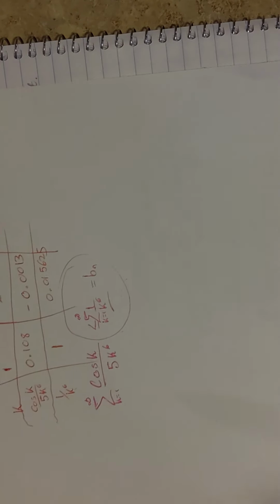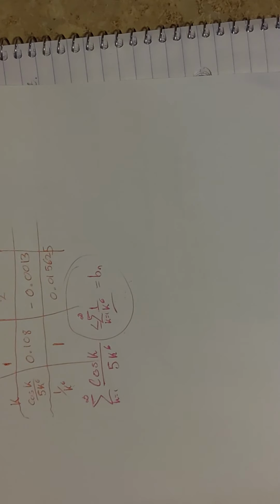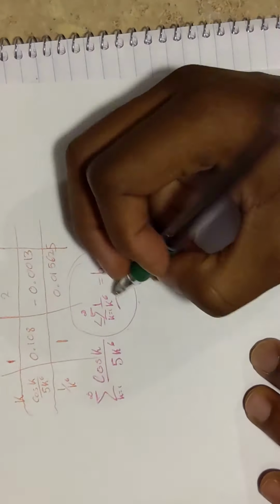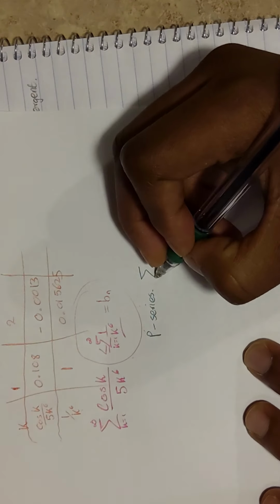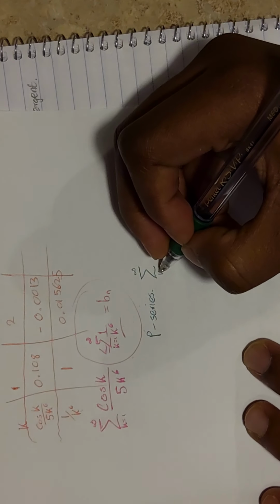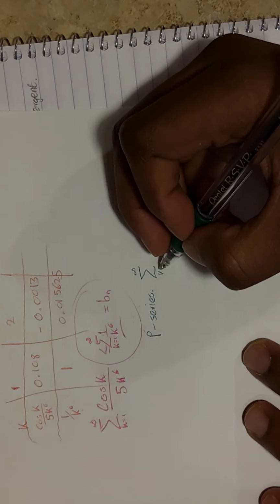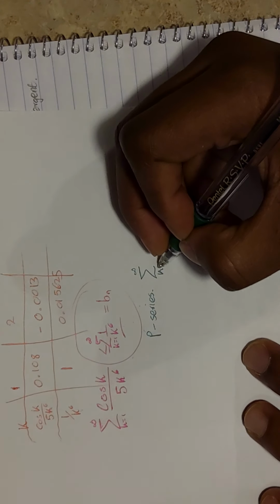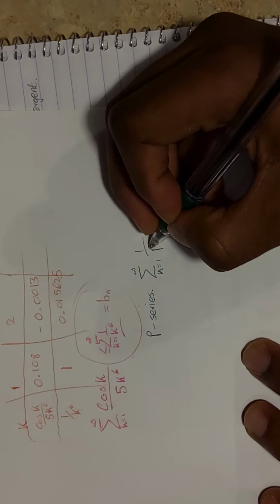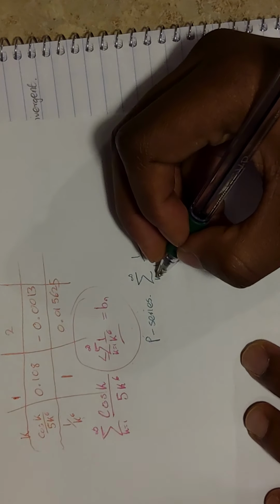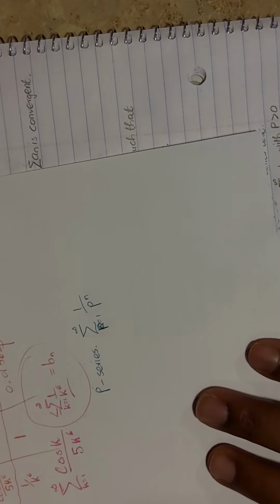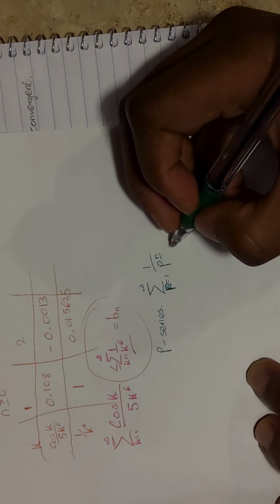So here we're going to look at another friend of ours, the p-series, whereby you have sigma, headed to infinity, k equals 1, of 1 over k to the p, whereby p is greater than 0, right?